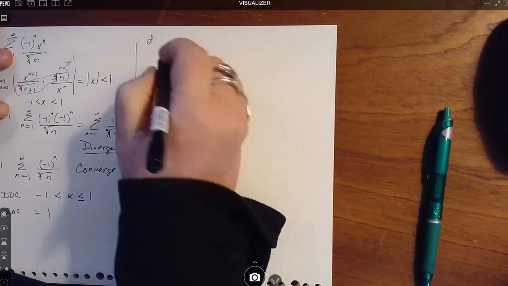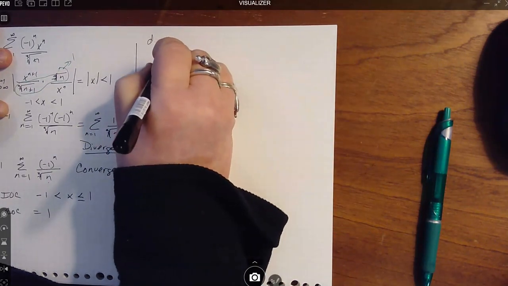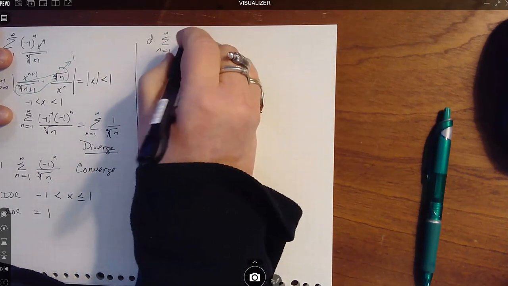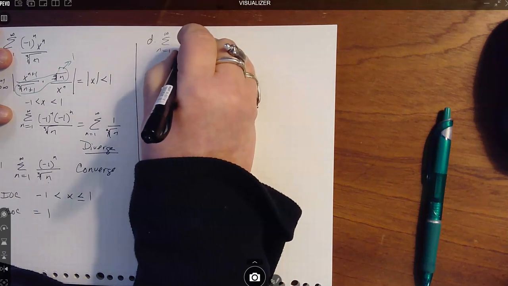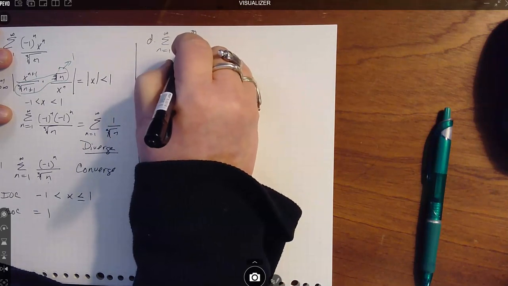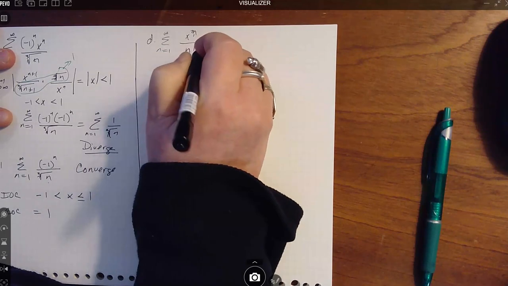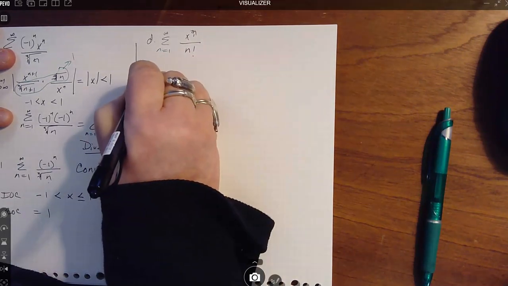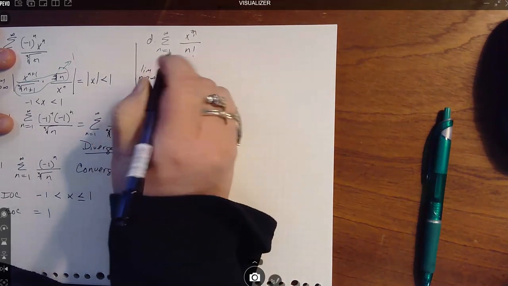D, what do I have? Okay, I've got the summation as n goes from 1 to infinity of x^(2n) over n factorial. Oh, that's tricky. So I want the limit as n goes to infinity.